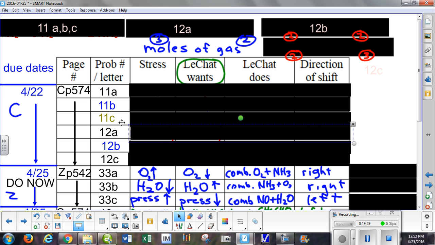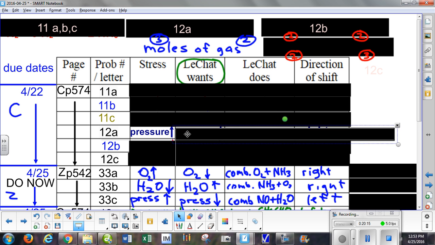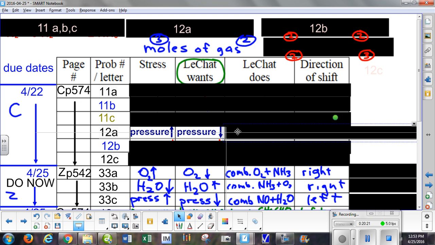And let's let you all react here. Just a second. Okay, we're going to the homework for the weekend that was due today, and Eric's going to be answering this for us, and he says that the pressure is up. And so, what else do you know? Le Chatelier wants that pressure down. We know that for absolute certain.